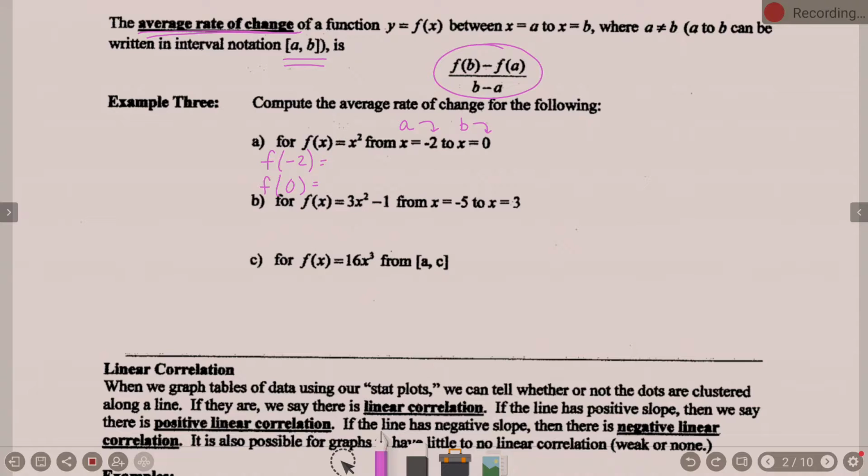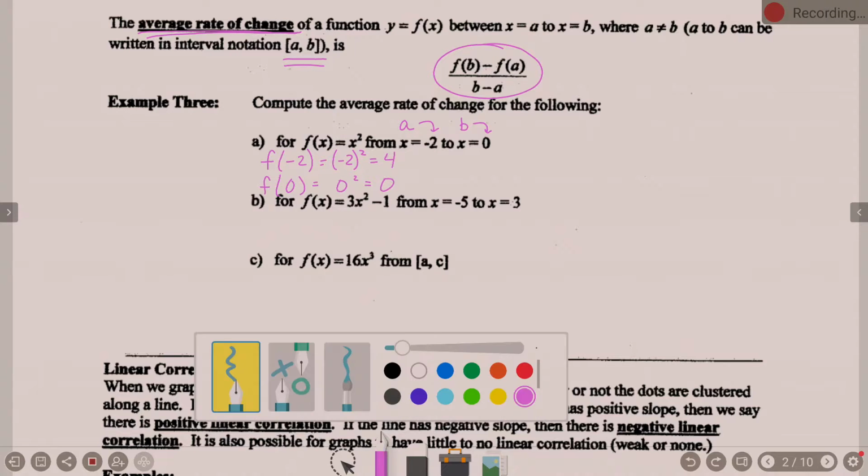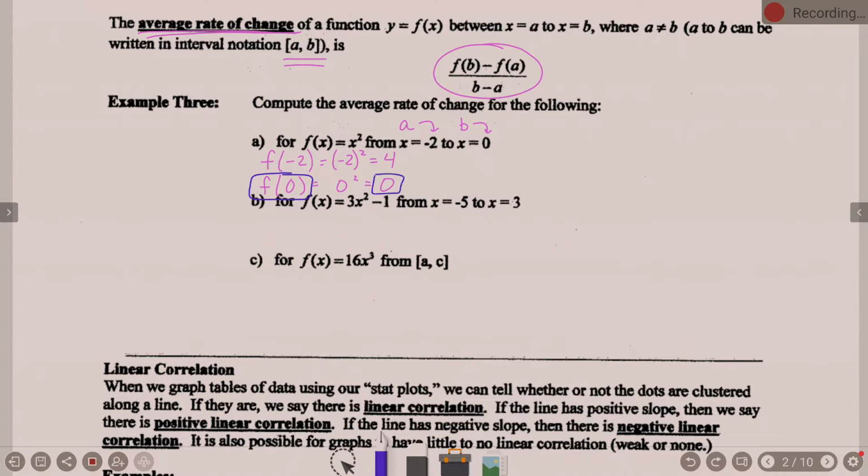What is f of negative 2? It's 4, right? Because you take negative 2 and square it, and negative 2 squared is 4. What is f of 0? It's 0, right? So f of 0 is 0, and f of negative 2 is 4. That's the information we found there.